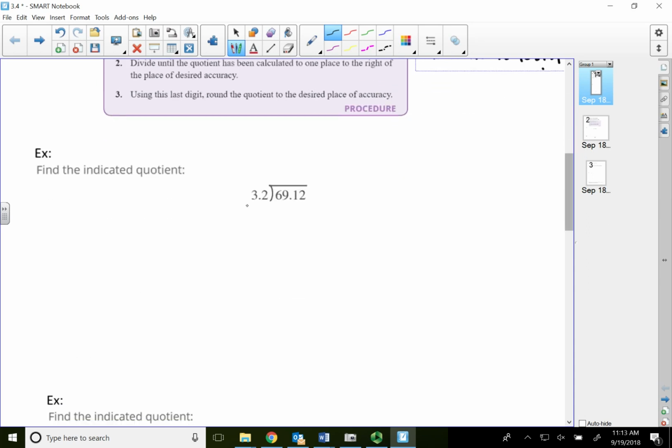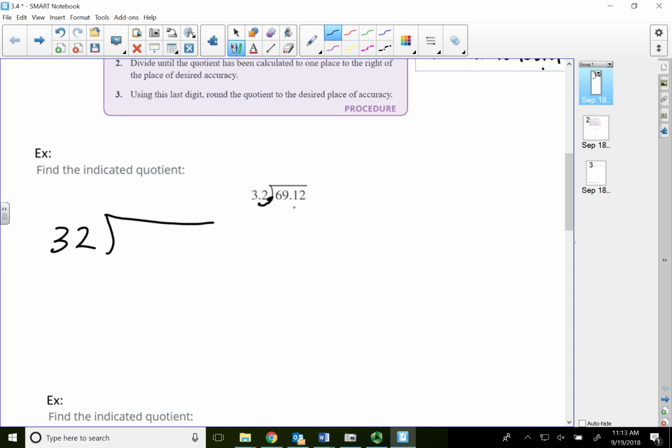Basically, for every long division problem, the first thing I do is make sure my divisor is a whole number. For 3.2, I move my decimal to the right one place, which is equivalent to multiplying by 10, so that makes it 32.